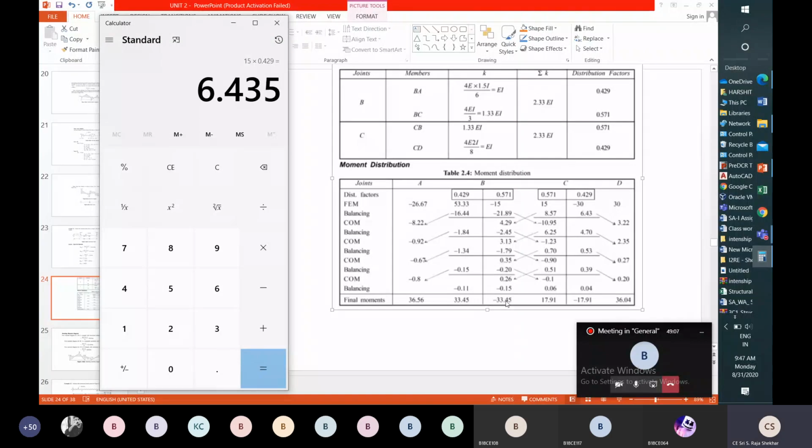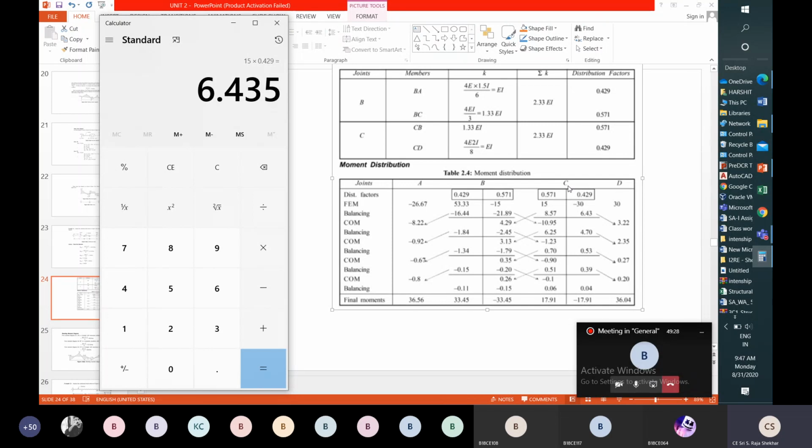33.45 and minus 33.45. Here the moment is balanced. Sigma MB is equal to 0. That means MBA plus MBC is equal to 0. MBA is 33.45, MBC is minus 33.45. Here we are getting 0. Similarly, sigma MC is equal to 0.